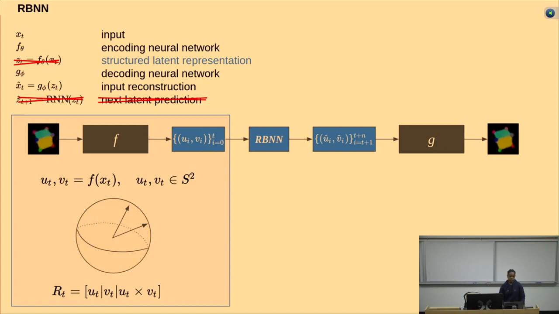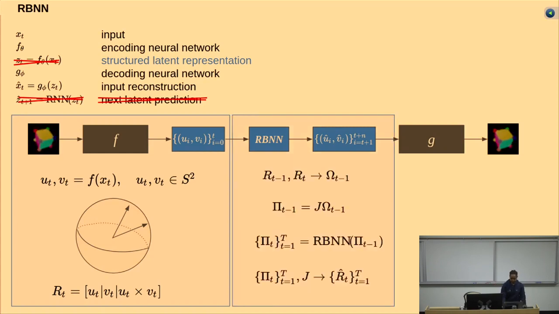And we use those two vectors to construct a rotation matrix R, which represents the pose of the input image. We have those two vectors on the sphere, and then we compute the cross product of those to get our rotation. The second way that RBNN differs from a vanilla autoencoder is with the latent dynamics.